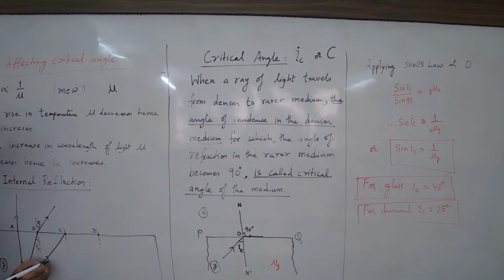Here it is, incident at critical angle. What is the angle of refraction here? 90. This is 90, so it will be parallel to the surface, but in air only.